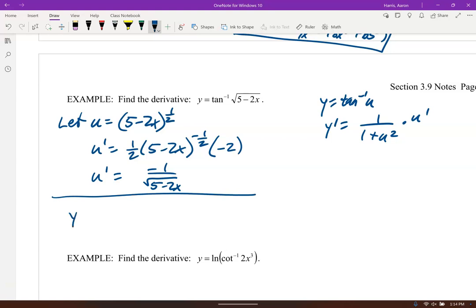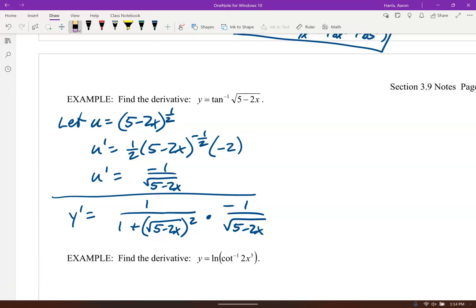take the derivative. So the derivative is 1 over 1 plus u, here's my u squared, times u prime. Negative 1 over square root of 5 minus 2x. So this becomes, let me erase some of this right here.